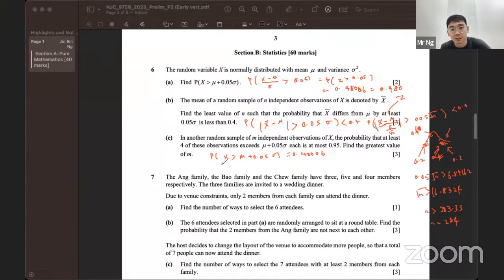Then after that, it's a binomial with n comma 0.48006. So I'm looking for a binomial Y, where Y at least 4 is to be at most, so less than or equal to 0.95. So this is 1 minus the probability that Y is less than or equal to 3.